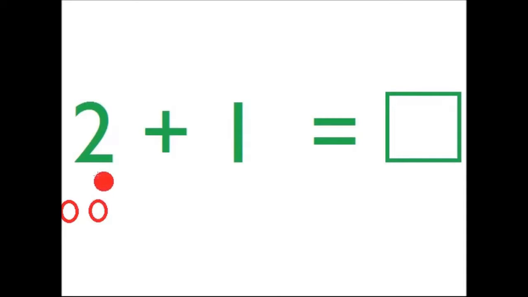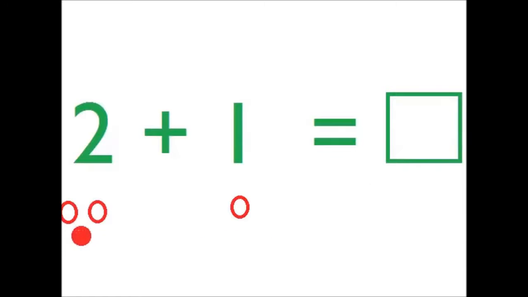And we are going to add, because this sign tells us to add 1 more. So I'm going to put 1 more marble for this number 1 that is here. 1 more marble. So take a look. Good. And we have our equal sign. Now we are going to get our answer, boys and girls. So how do we get our answer?